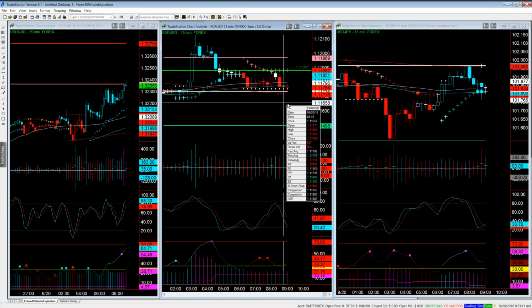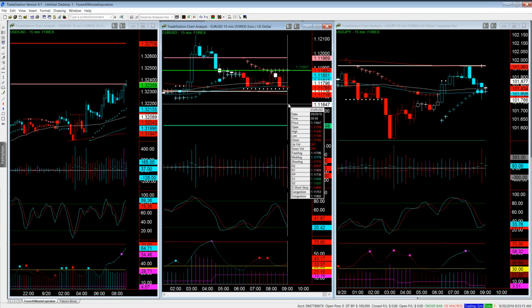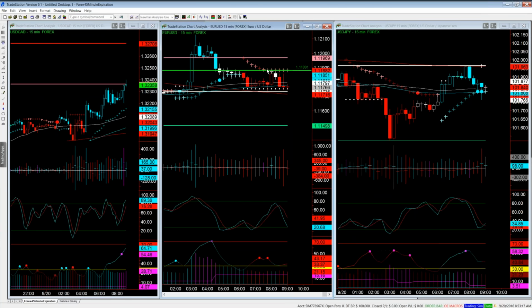Now this one expired out of the money. So if you didn't take profits as it came up to this line, then you lost, what, less than $30 a contract. Seems like it was 28, but I know it was under 30.